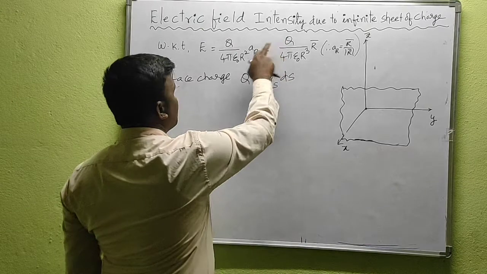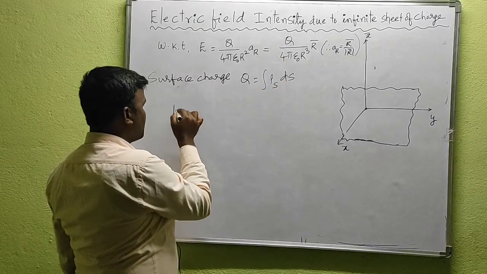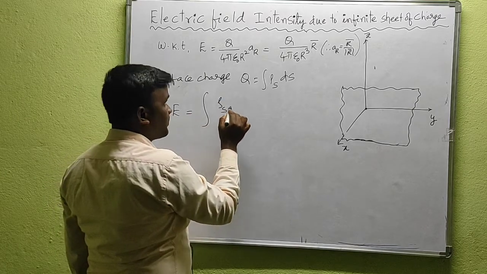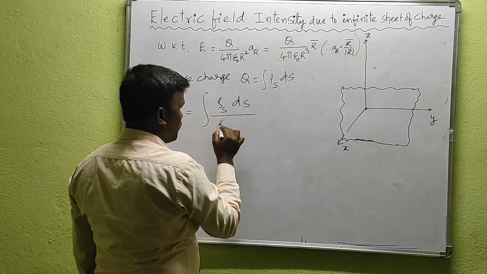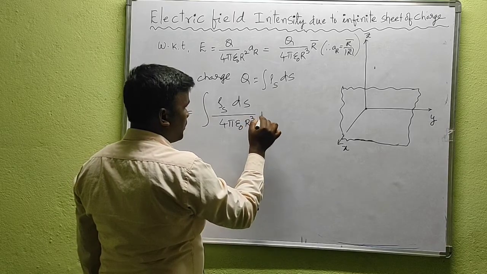Let us replace this Q with the integral of rho s ds. Then the electric field intensity due to a sheet of charge is given by E equals the integral of rho s ds by 4 pi epsilon naught r cube into R bar.